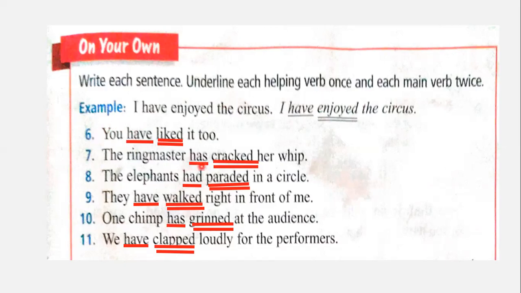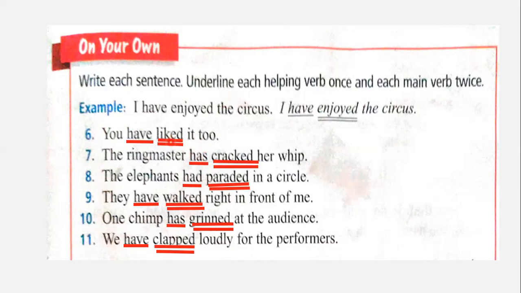So number 7, has. Why do you think they use has in this second sentence? I'm going to give you maybe 5 seconds to come up with an answer. You got it? Yes. Ringmaster is the subject, and it's a singular subject. And number 1 states that with singular subjects, we use the helping verb has.